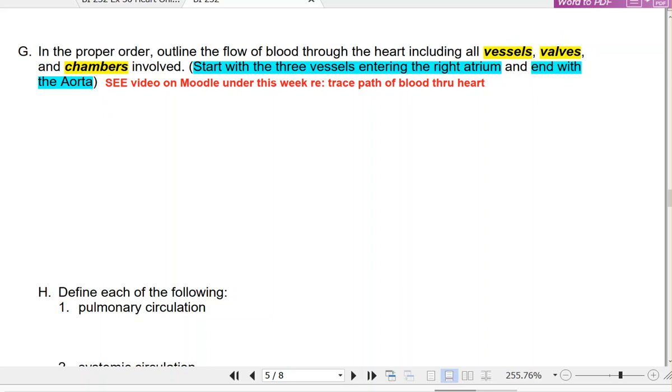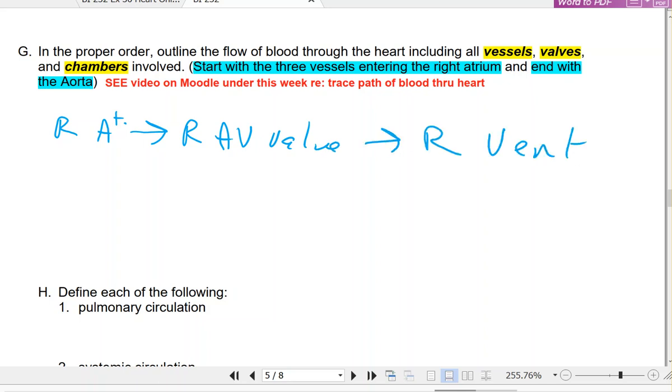You're going to start with the 3 vessels that enter the right atrium, and then you're going to end with the aorta. And literally you can just draw, right atrium goes into, you can spell it out, I'm just being quick. So you go from the right atrium through the right AV valve to the right ventricle. And you can just draw it with words and little arrows like that.